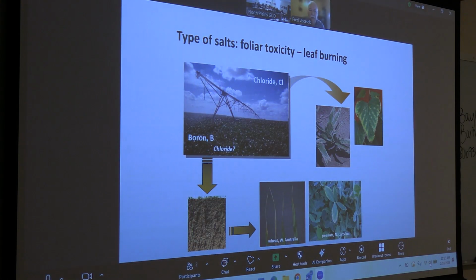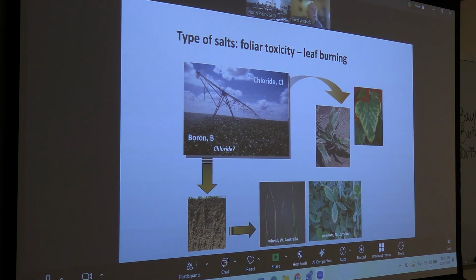The last slide kind of concluded total salt load. Now, type of salt. We do run into situations with chloride and boron. If chloride is applied to the leaves, sometimes with high chloride water, we can get this burning and such. The chloride moves from the droplets into the leaf tissue, and if it accumulates past a certain point, you can start to have things like this showing up.